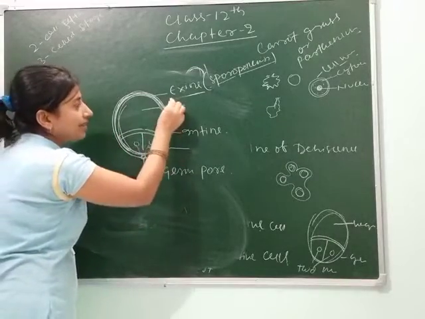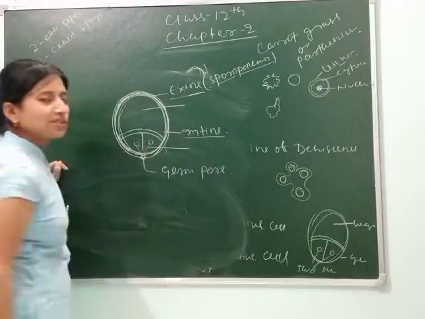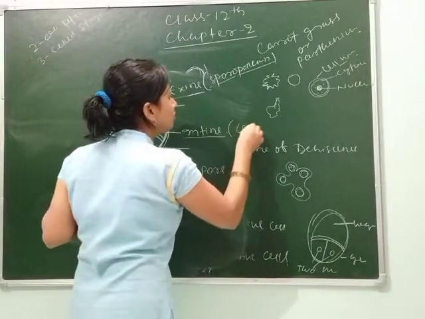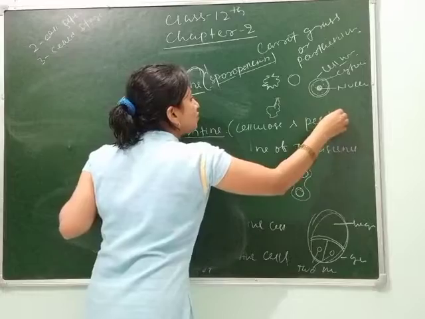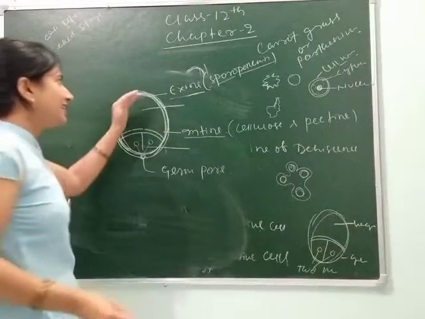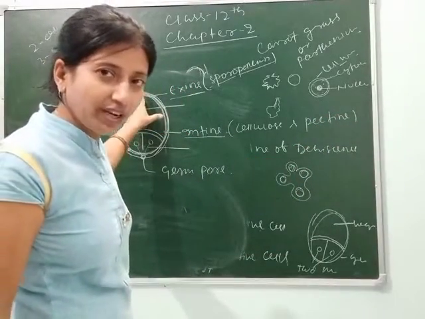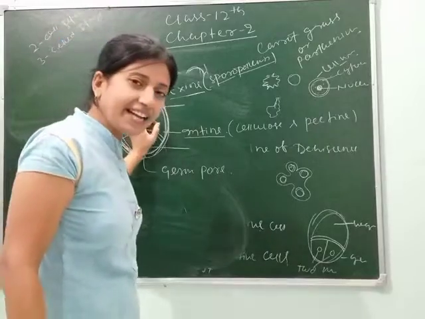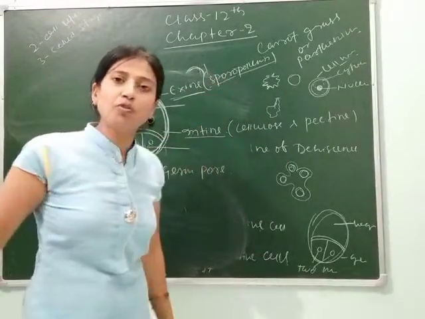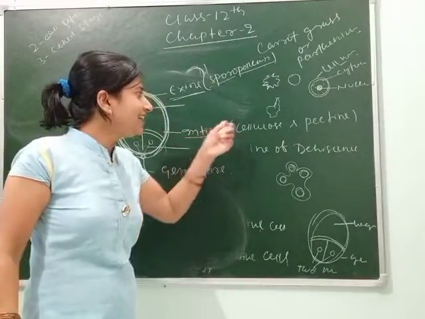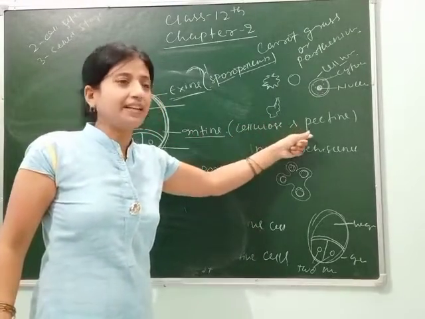Again, intine is made up of cellulose and pectin. So we can simply say that the exine is the outer layer of the pollen grain, whereas the intine is the inner layer. Exine is made up of sporopollenin and intine is made up of cellulose and pectin.